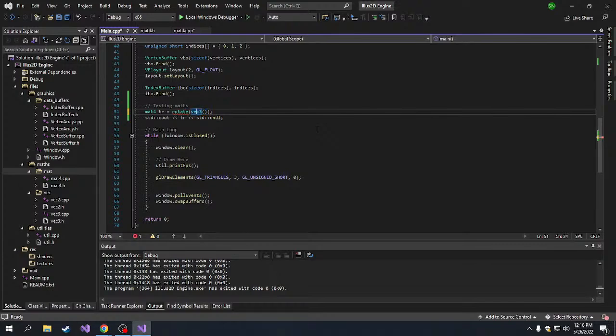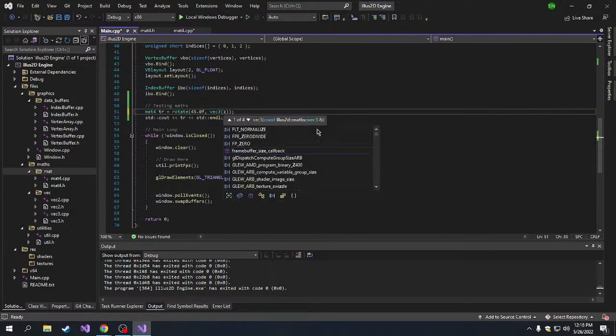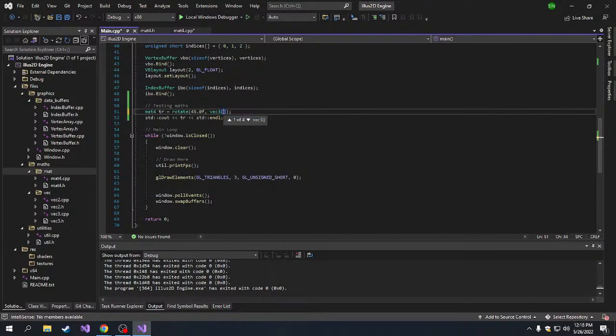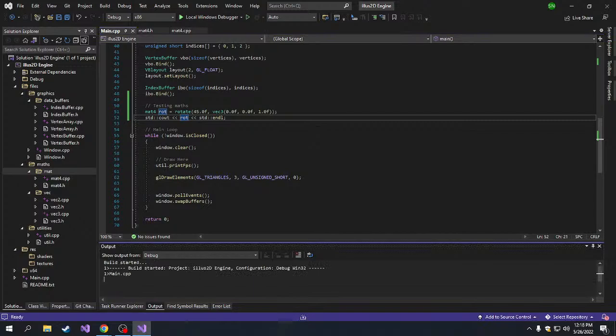We'll have to give an angle, so we'll do 45 degrees. And for vector 3, let's rotate it around the z-axis and let's see what we get. So 0 in the x, 0 in the y, 1 in the z. Call it rot. That's from the code, and let's check.